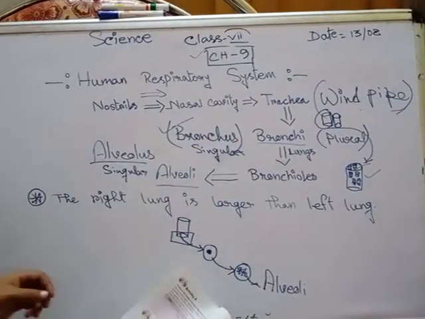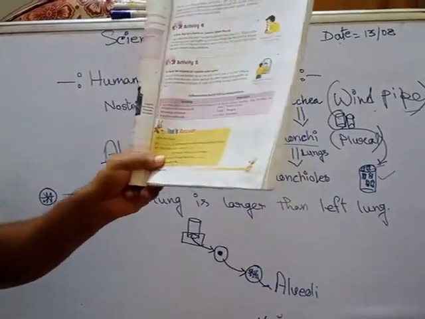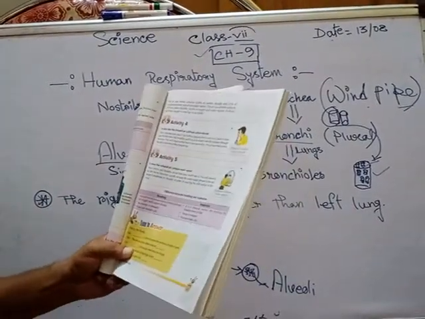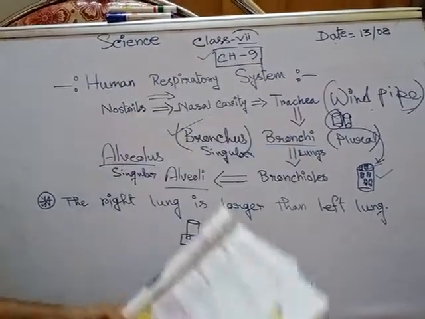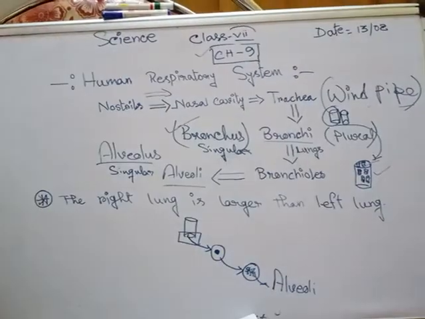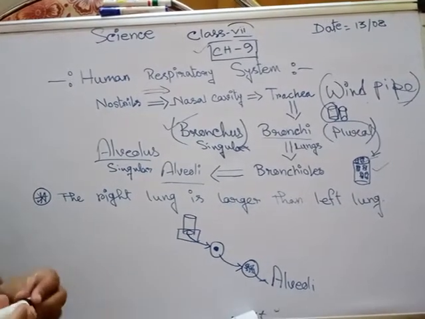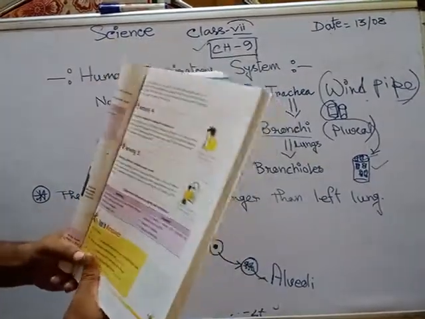Next I will tell you the difference between breathing and respiration. Breathing is a physical process and respiration is a chemical reaction. Respiration is a chemical reaction, because I already taught you that anaerobic and aerobic respirations occur with chemical reactions.